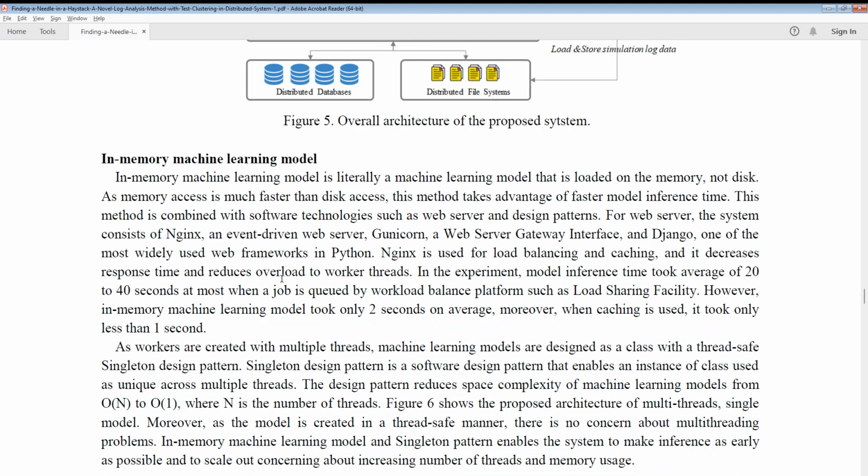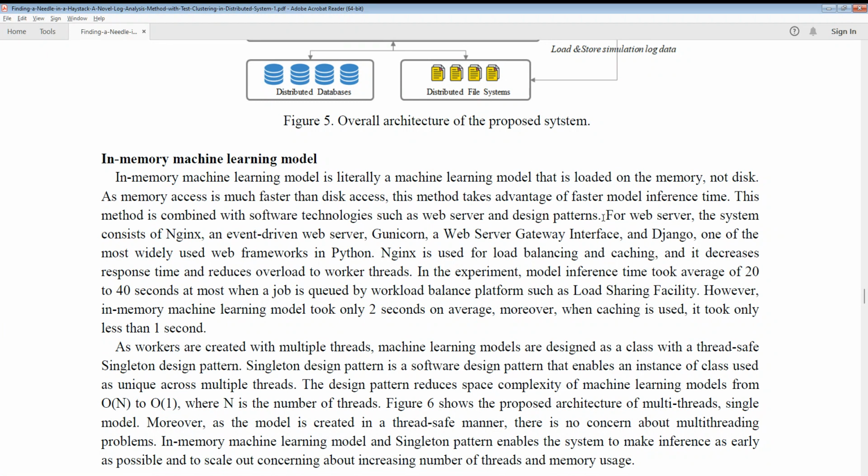In-memory machine learning model. An in-memory machine learning model is literally a machine learning model that is loaded on the memory, not disk. As memory access is much faster than disk access, this method takes advantage of faster model inference time. This method is combined with software technologies such as a web server and design patterns.